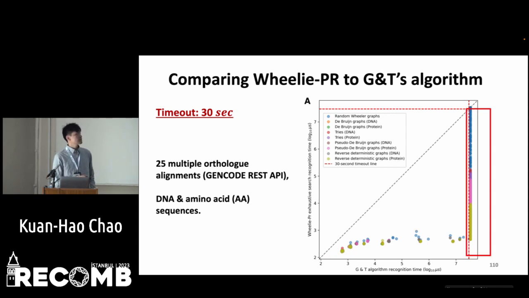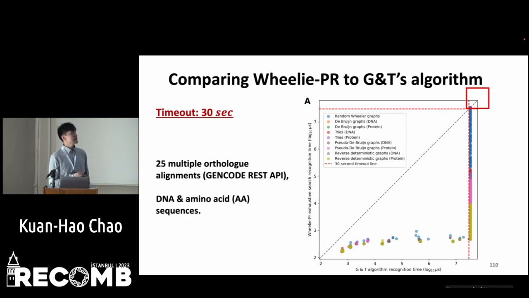And for the second group of graphs, GNT's algorithm cannot solve them given the 30 minute time frame, whereas Wheelie PR can solve all of them. And for these graphs, GNT's algorithm and Wheelie PR cannot solve them within the given time period. And this is the interesting part.